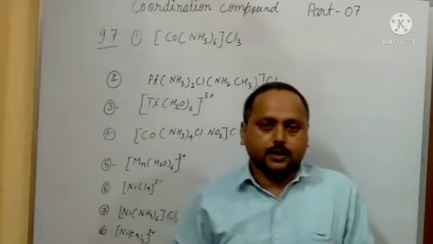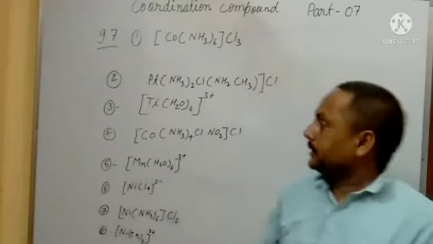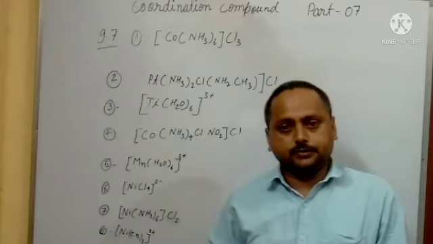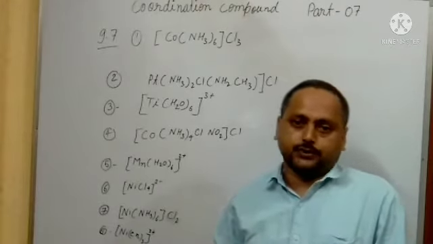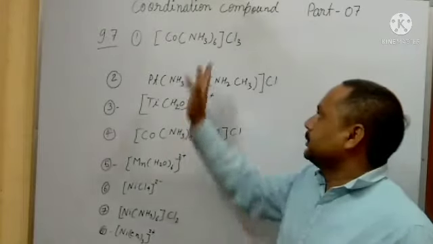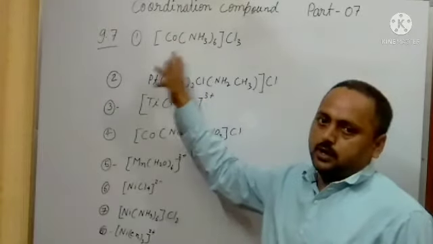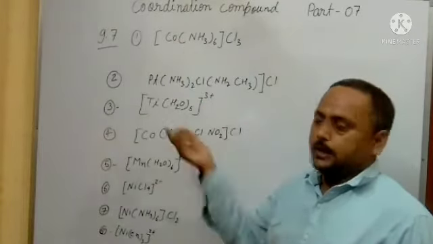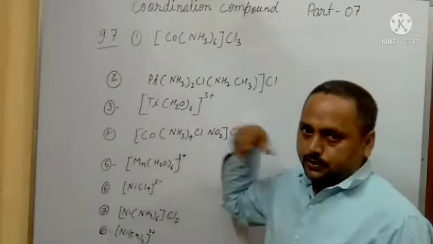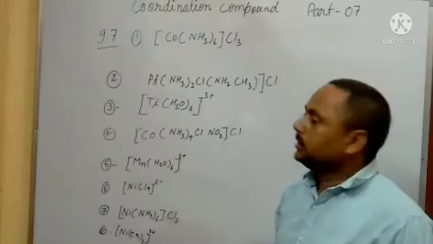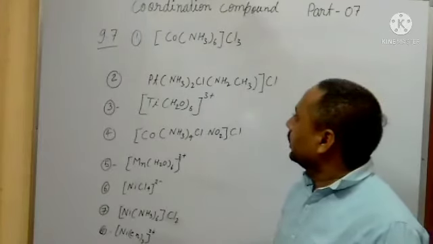I have told you that we will write the name of the positive portion first. So we will write the name of the positive portion. Next we will see in the positive portion, that is the coordination entity.